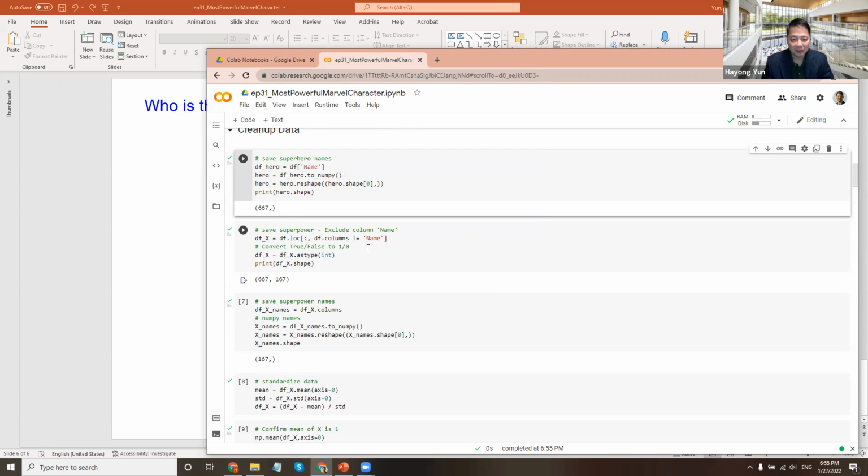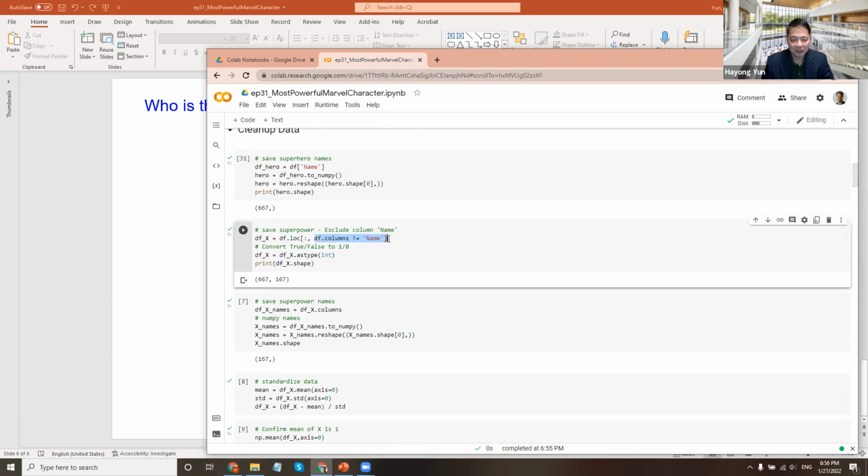The columns other than the name, I'm pulling all of this and putting in the data frame DFX, and then converting it. How do I do it? Well, I'm saying DFX, instead of true and false, convert it as type integer. So now it's an integer matrix of 667 by 167. I dropped the name.